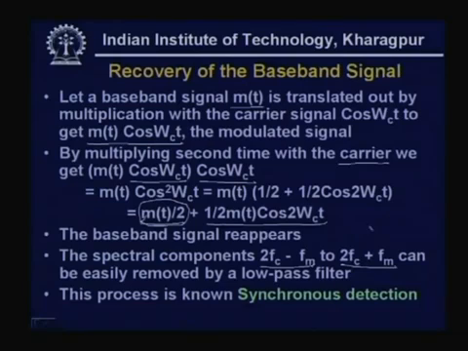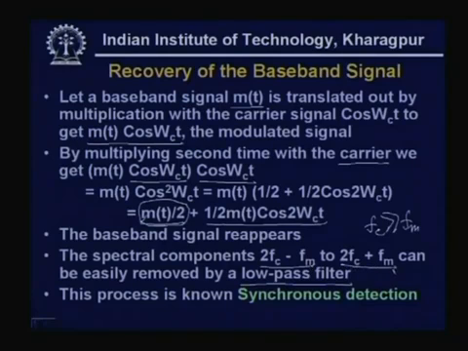However, normally fc is much greater than fm. As a consequence, these spectral components 2fc minus fm to 2fc plus fm can be very easily removed by using a low pass filter. That means, if you use low pass filtering, then you can get back only the baseband signal.